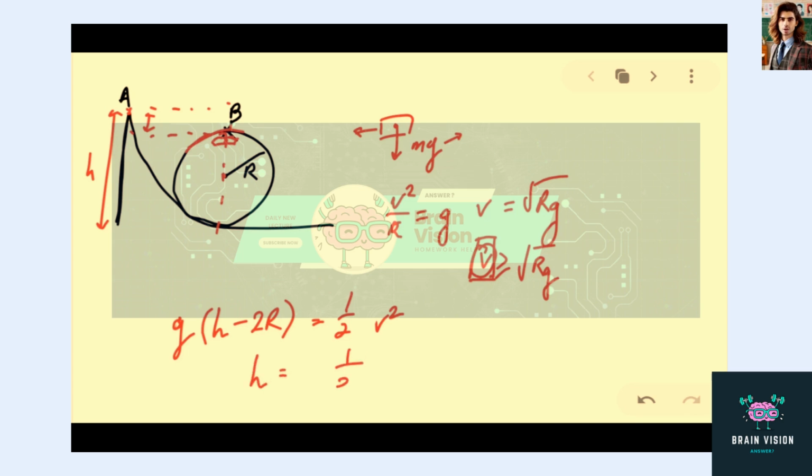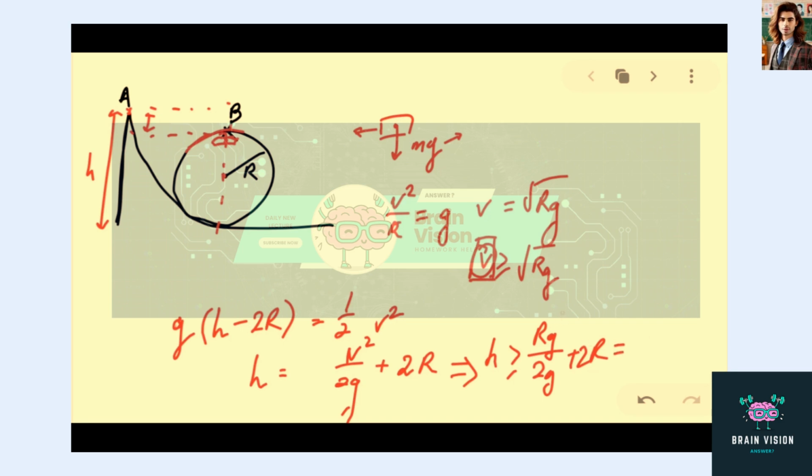So h is 1 over 2g times v squared plus 2r. And remember that our v must be greater than or equal to the square root of rg, which means that our h must be greater than or equal to rg over 2g plus 2r.